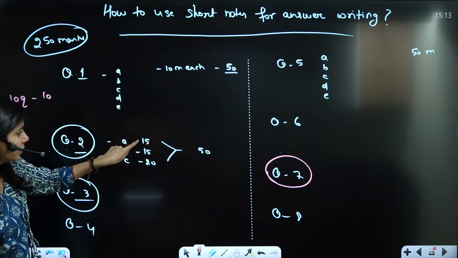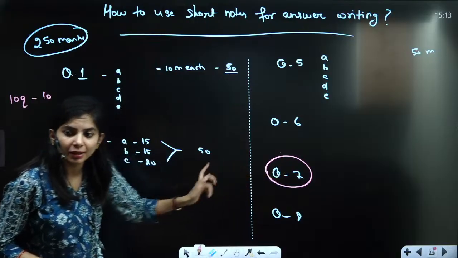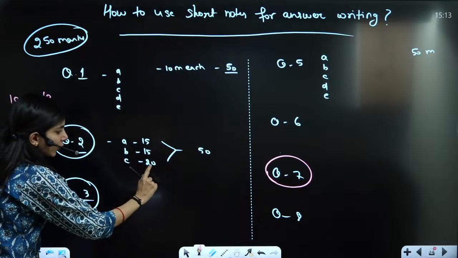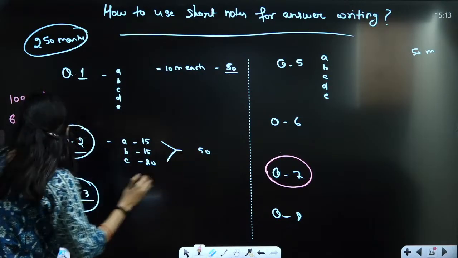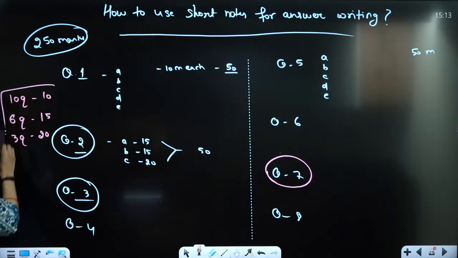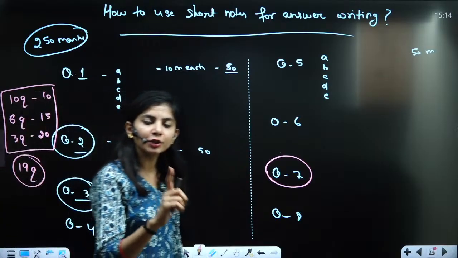So they include 215 markers each. So you have to attempt 6 questions of 15 marks each, and 3 questions of 20 marks. It means in totality, how many questions do you have to attend? 19 questions need to be attempted.